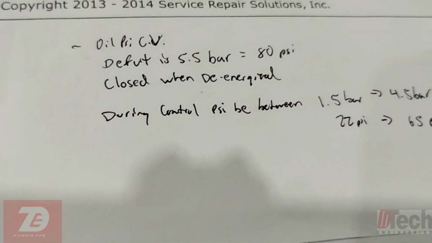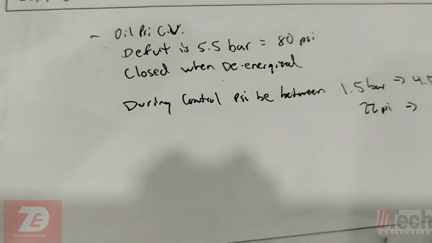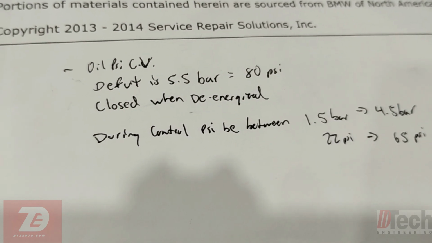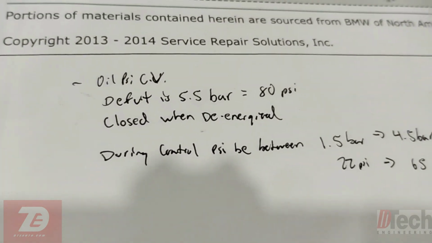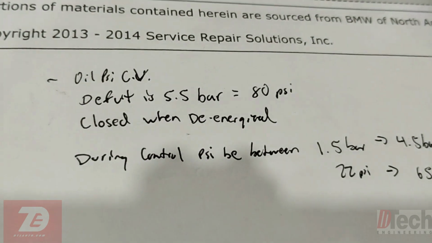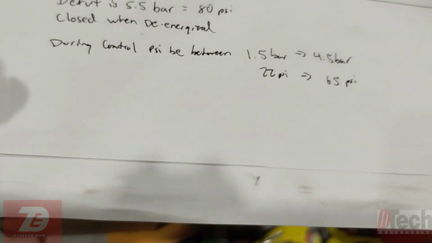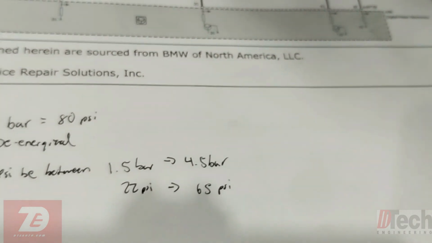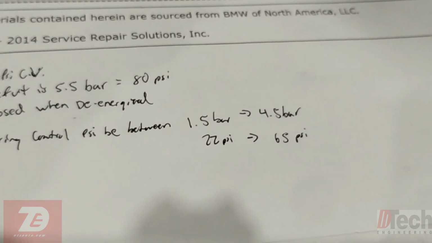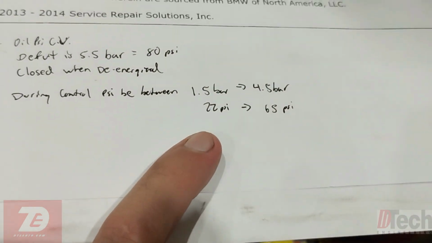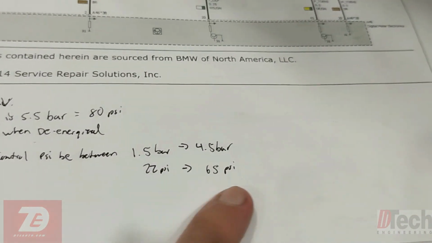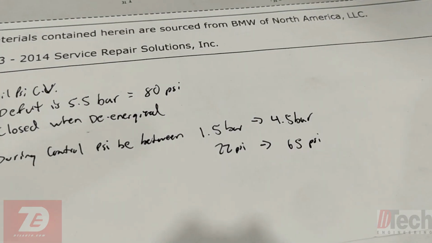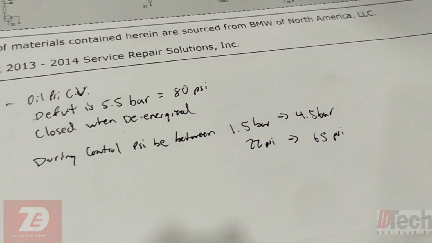Basically, when it's de-energized, when the DME is not pulsing it, not controlling it, it goes to a fully closed position as a safety measure, or just to provide max oil pressure. And then during its operation, it should be between 22 and 65. I'm assuming this is closer to idle, and then in driving range it should probably be controlled to achieve that amount of PSI.